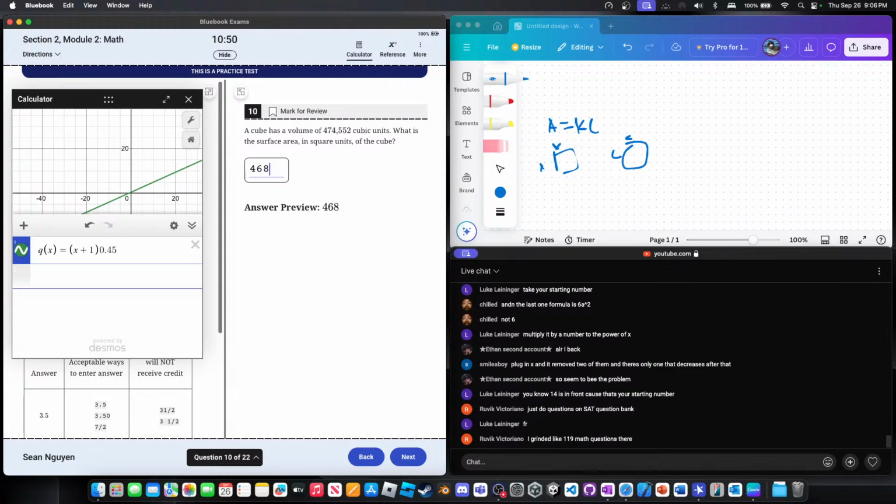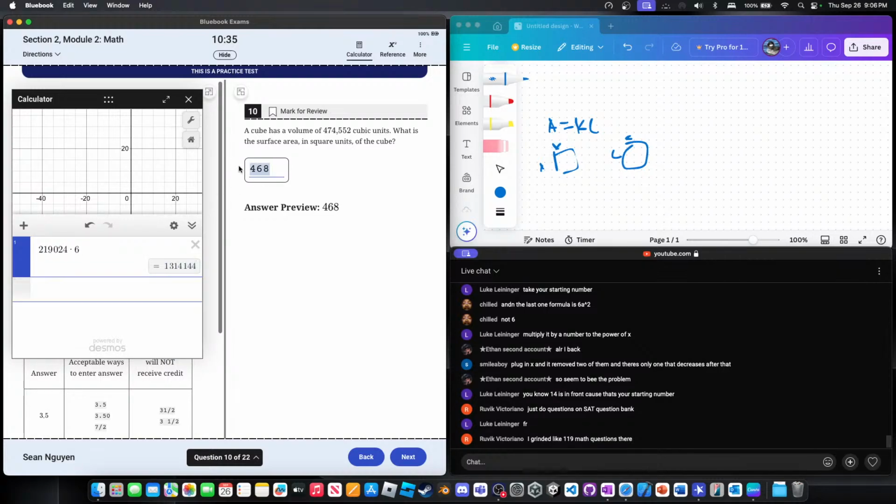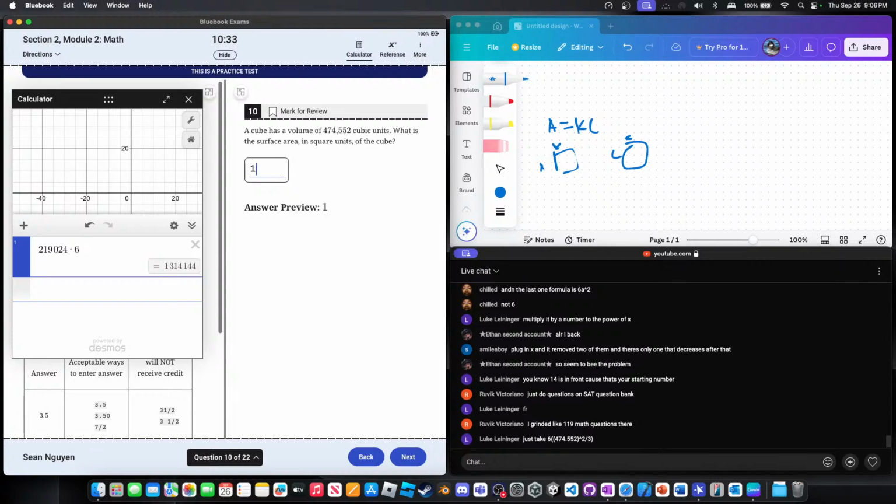It's squared, right? I get it now. Okay. 468 squared, 219024 times 6. Does it even allow me to give that big of a number? I don't think so.